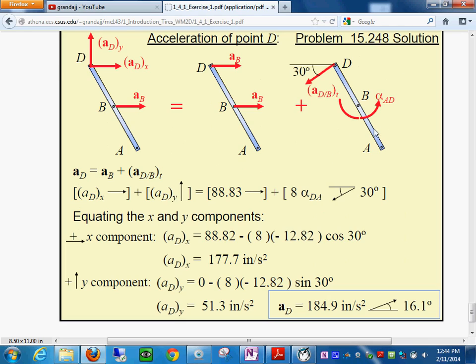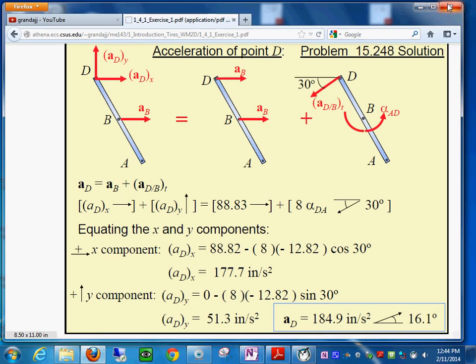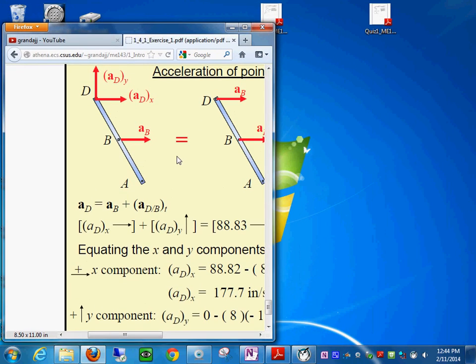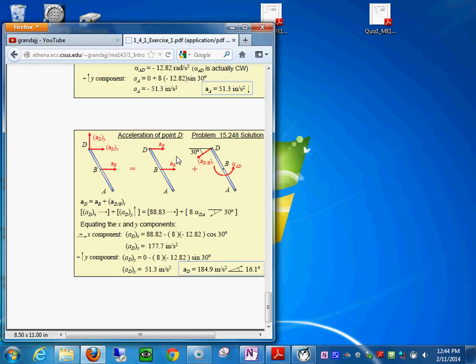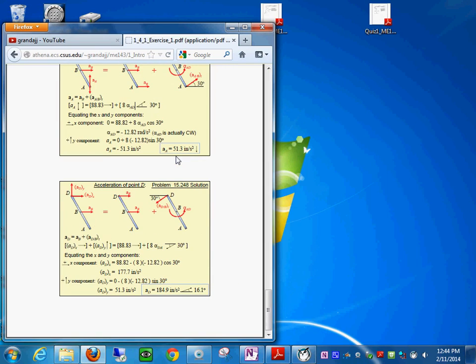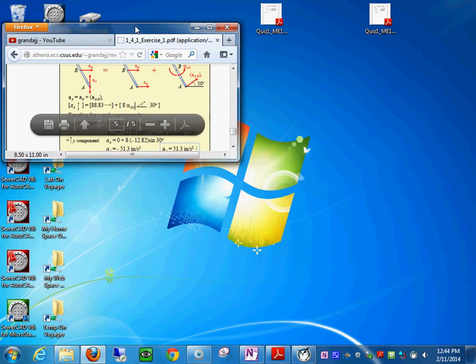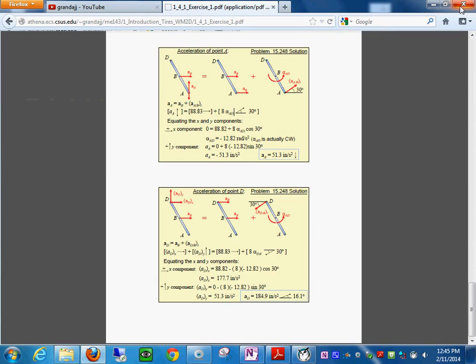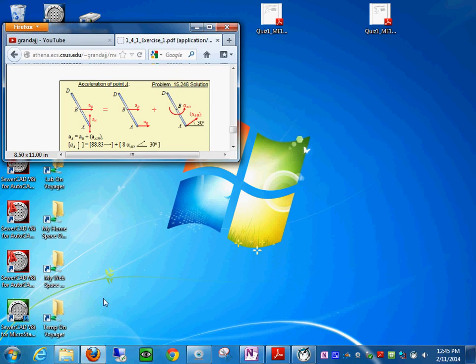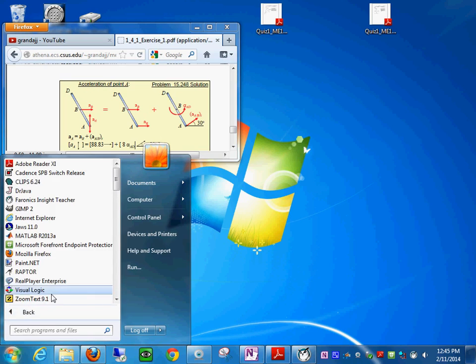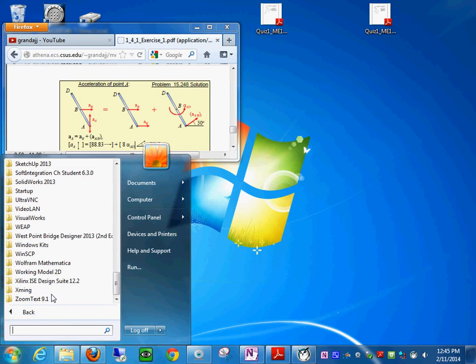Having done this, I would just maybe reduce it in size and put the solution away for reference. See, there we go. We're going to reduce it in size. But I am going to come to Working Model 2D, and I need the solution of this.